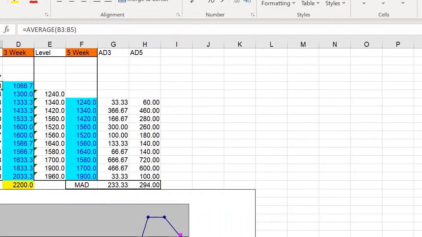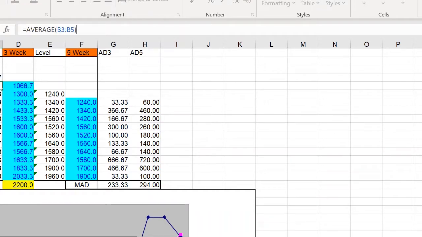That is the level in time period 3, which becomes the forecast in time period 4. And when the data for period 4 comes in, to forecast for period 5, we take the 3 most recent periods.